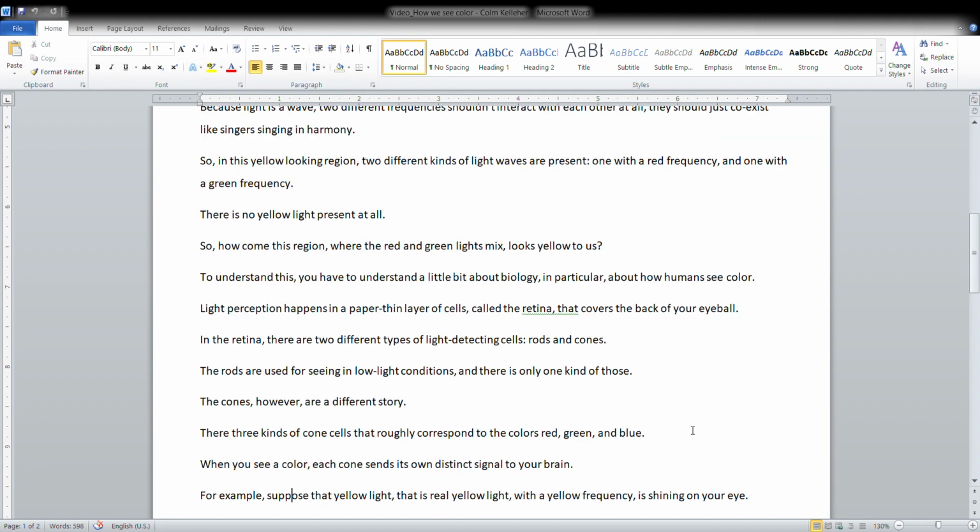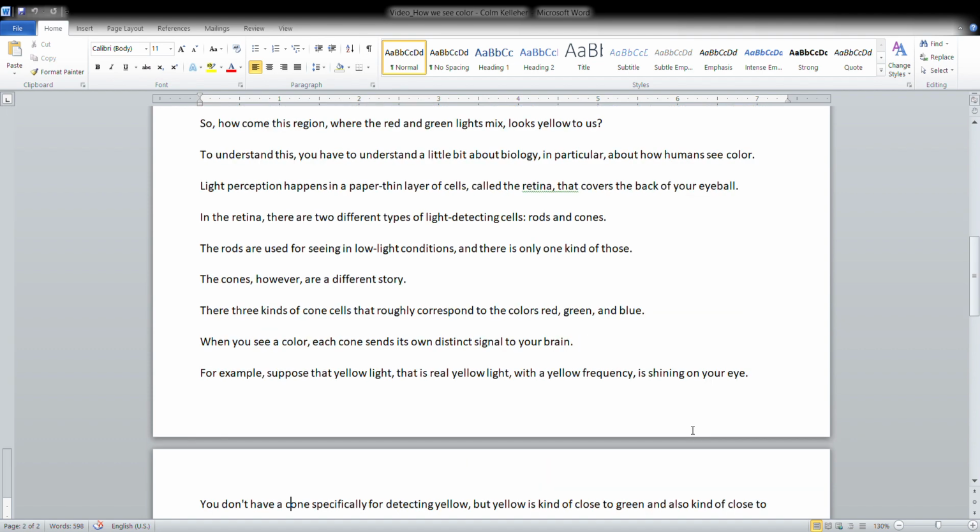The cones, however, are a different story. There are three kinds of cone cells that roughly correspond to the colors red, green, and blue. When you see a color, each cone cell sends a distinct signal to your brain.